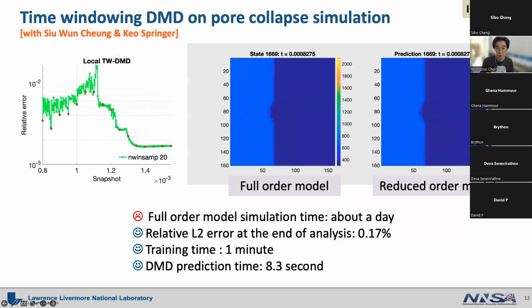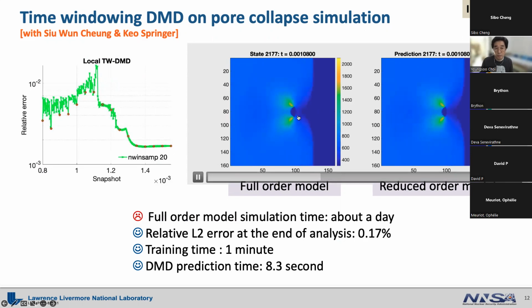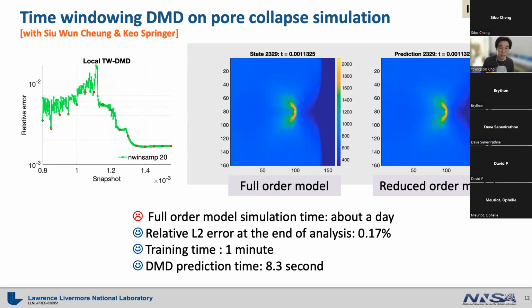Another physics problem that we have applied DMD to was pore collapse simulations. By the way, this is very interesting physics. When a shock wave hits the pore in the middle, it is hard to see the pore because we are visualizing the temperature field, but right here was where the pore was. It introduces interesting hotspots.